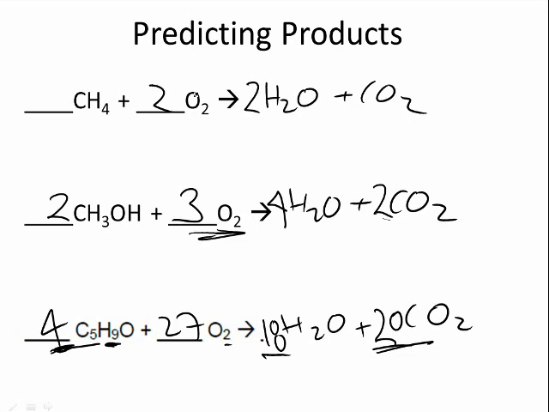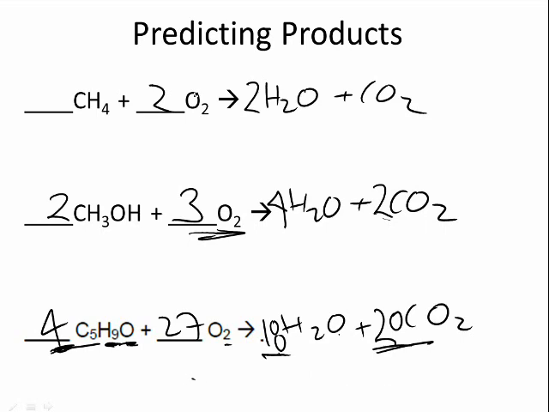The hard part is oxygen. How many oxygens on the left? That's 4 plus 27 times 2 is 54. That's 58 oxygens on the left. What about on the right? 18 oxygens here plus 40 oxygens. That's 58 oxygens. So this is balanced.